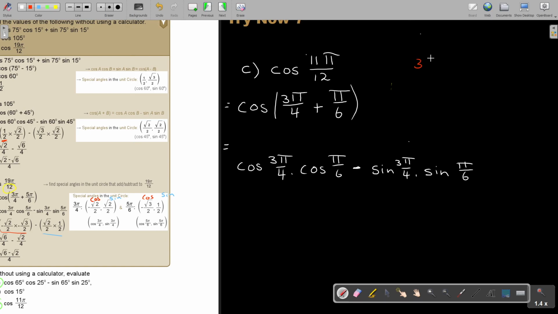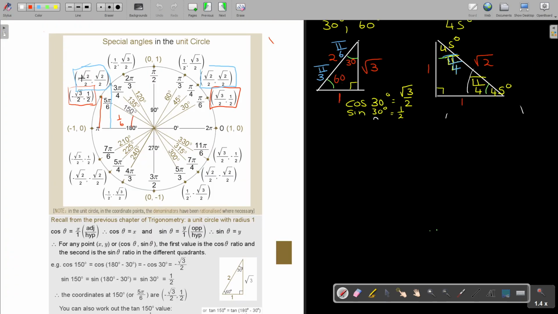Let's just say 3 pi over 4. In my unit circle, it's going to be square root 2 over 2. Okay, now what is cos in that one? It's going to be negative. Do you agree? And sin, what is sin? It's also going to be square root 2 over 2, but it's positive. Let's just make sure. So it was square root 2 over 2 negative and positive.